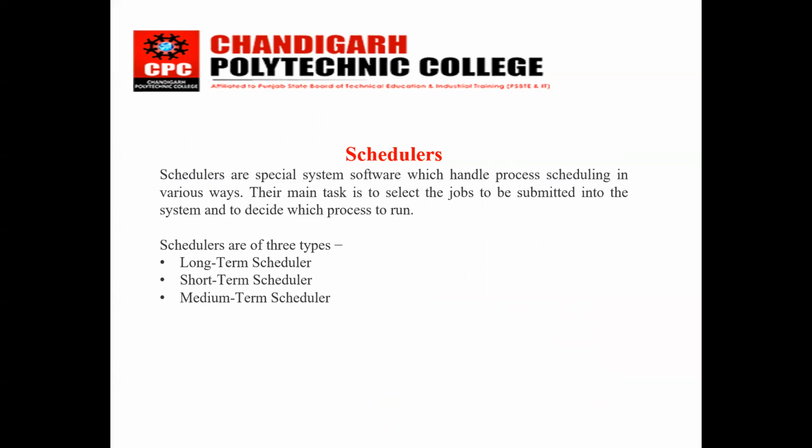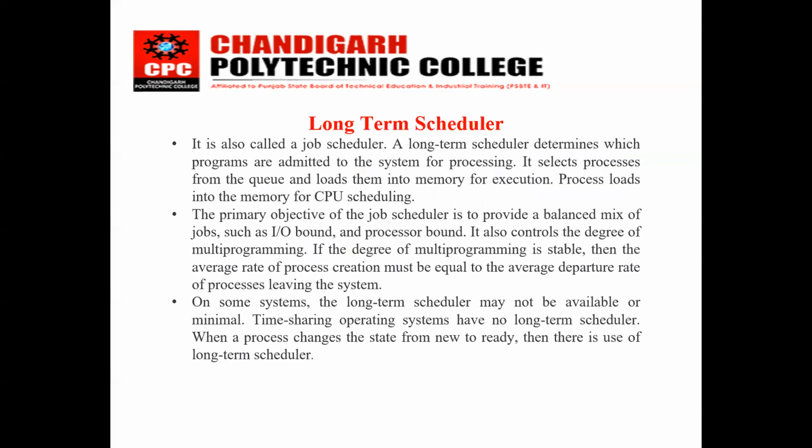First is the long term scheduler, second is the short term scheduler, then the medium term scheduler. Now I'll explain what the long term scheduler is. The long term scheduler is also called the job scheduler, and it determines which programs are admitted to the system for processing. It selects processes from the queue and loads them into memory for execution.